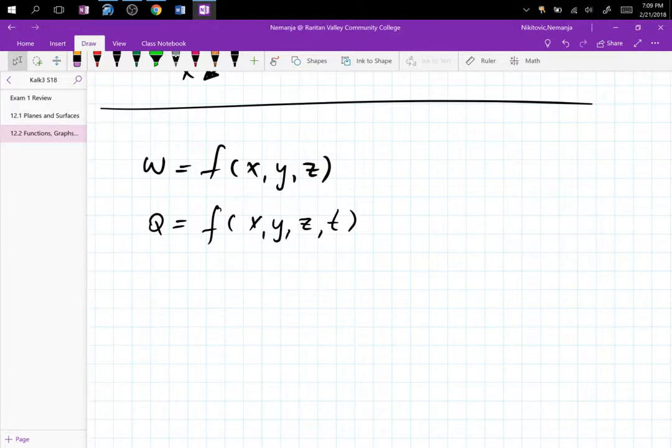Because I have a location x, y, z, then the time of the day, which is 7 p.m., and then the temperature, the Q. You see? How many variables can you tag along in a multivariable function and still have a use for it in our everyday dealings? The answer is as many as necessary.